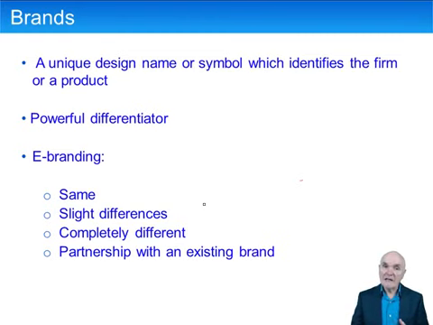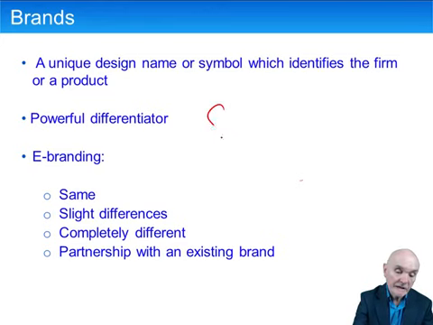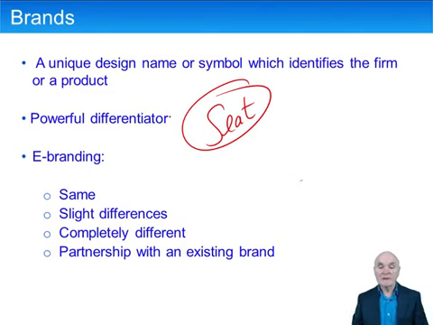So if Mercedes is producing a new car, then there will be the feeling that this new car is probably a good vehicle. If you are a car company, maybe say Seat, Seat is a division of Volkswagen. Seat cars are made in Spain. Seat cars are very good.